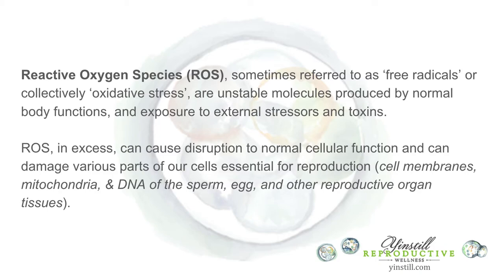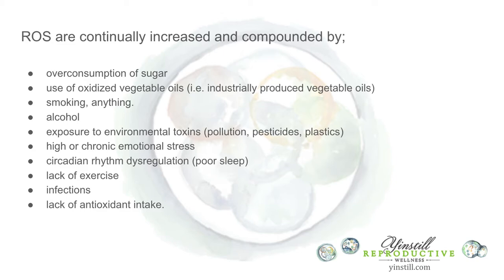Additionally, this becomes very problematic in regards to our health when levels of ROS are continually compounded by things like overconsumption of sugar, use of oxidized vegetable oils like industrially produced vegetable oils, canola, soy, smoking anything, alcohol, exposure to environmental toxins like pollution, pesticides, plastics, personal care products, high or chronic emotional stress, circadian rhythm dysregulation or poor sleep, lack of exercise, infections, and lack of antioxidant intake.